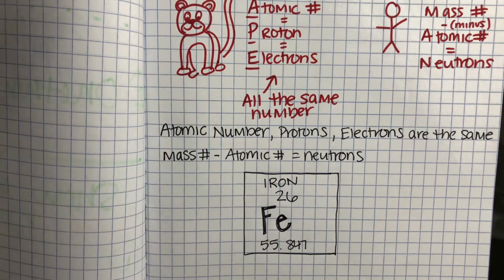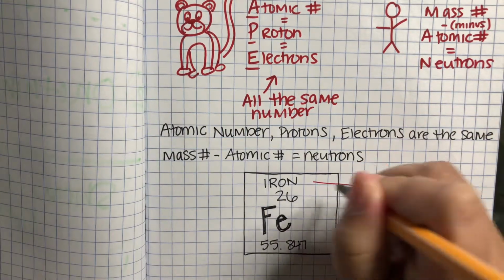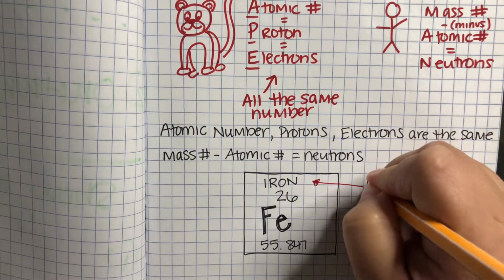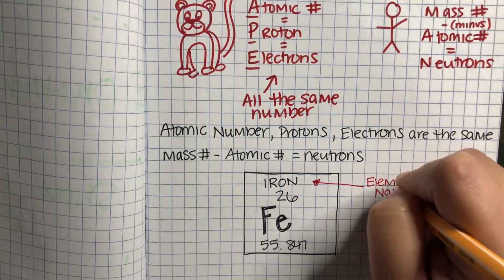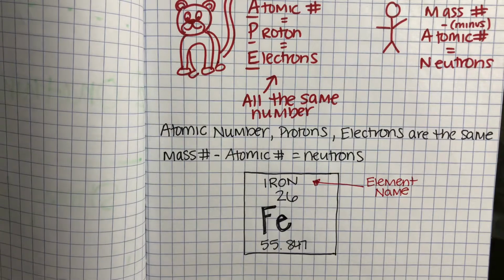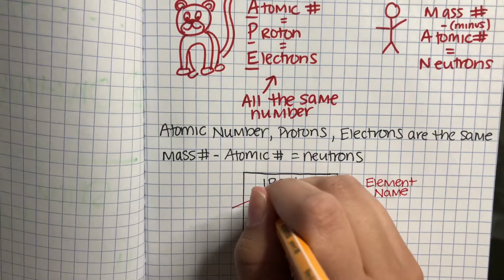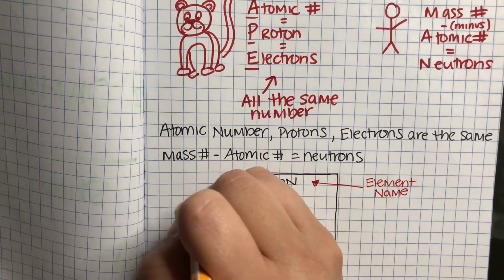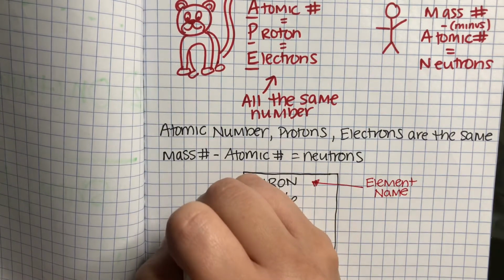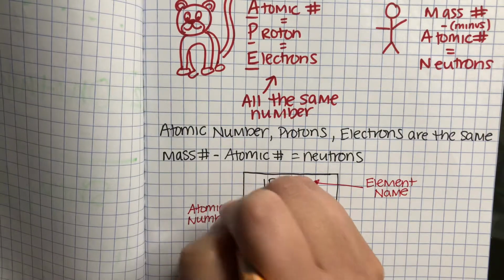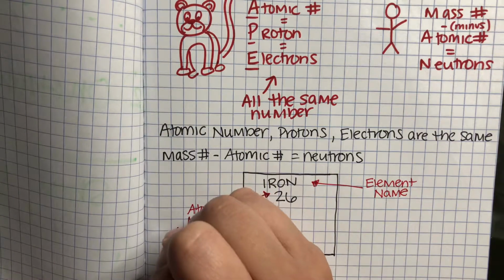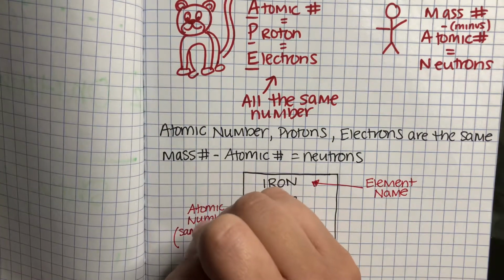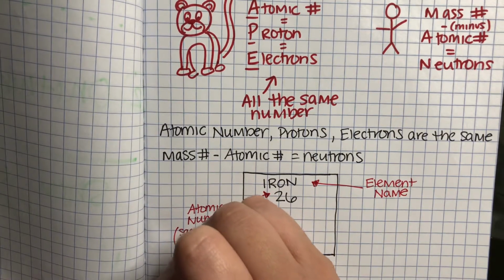The first thing that we have is our element name. And then we have our atomic number. And this is your reminder that it's the same as protons and electrons.